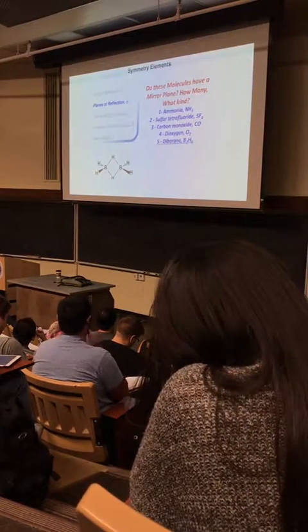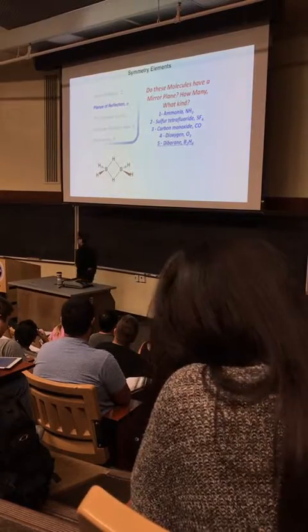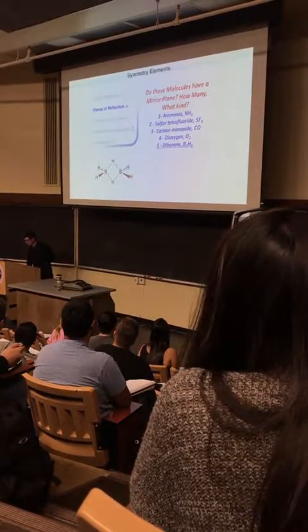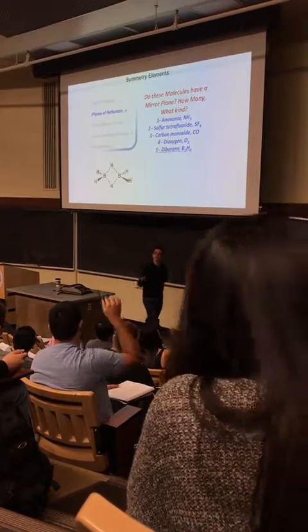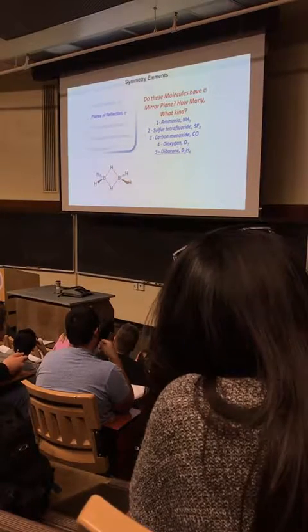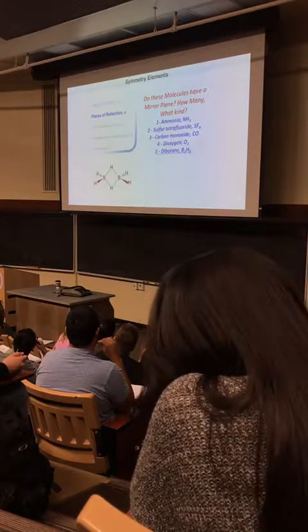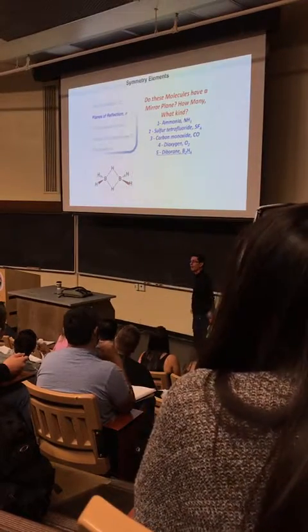So now, where are the mirror planes? There's clearly mirror planes. Where are they? Bisecting the wedge dash hydrogen throughout the plane of the molecule. Right, so there's a mirror plane here. Is there another one?